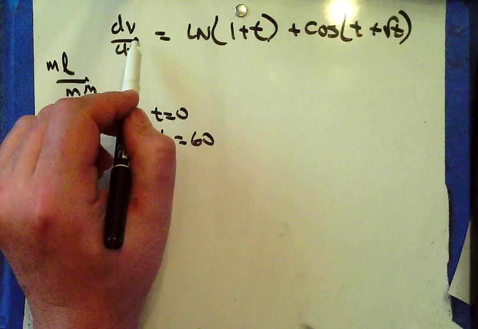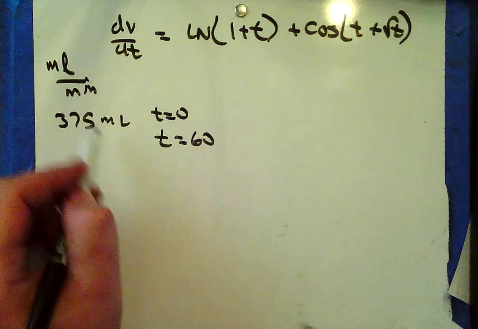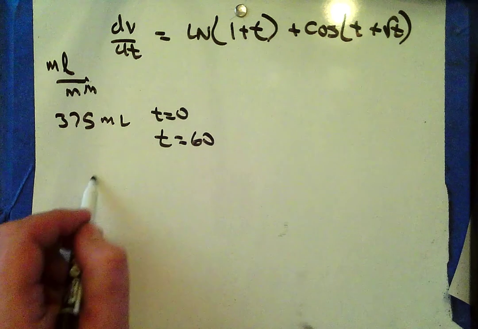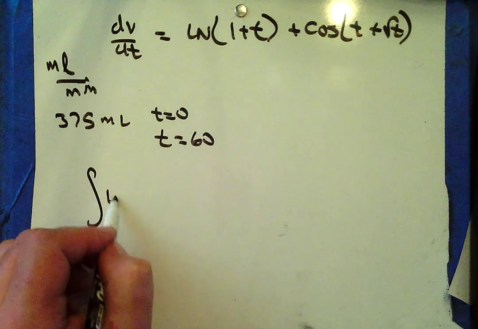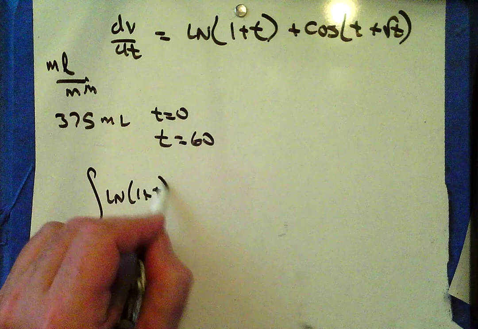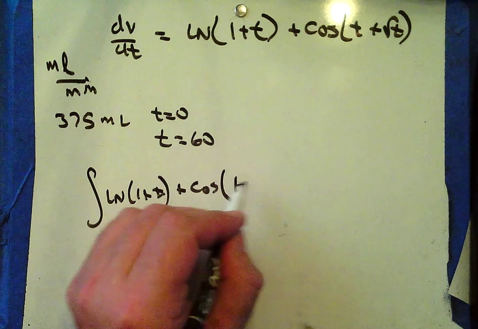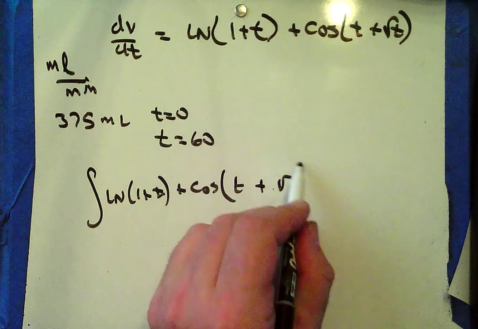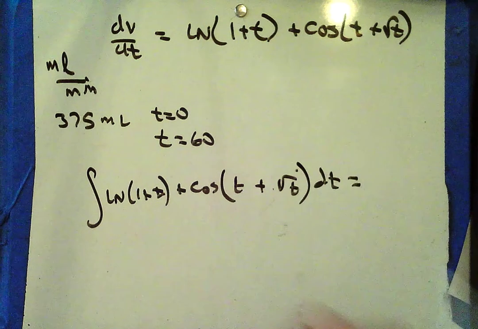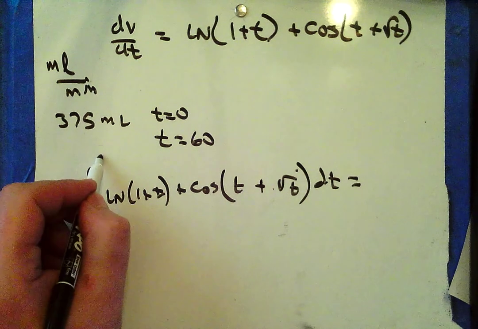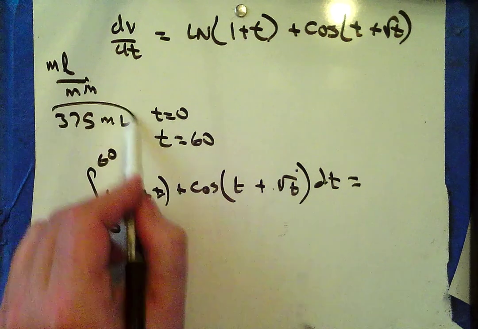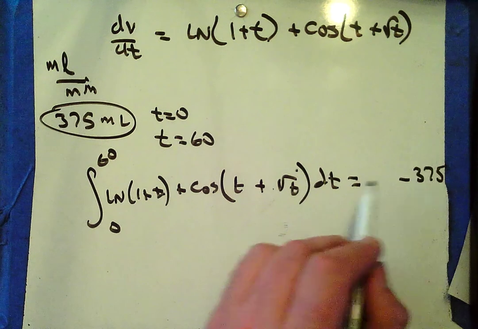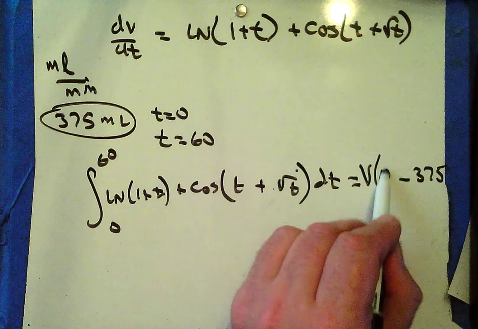Well, this is my rate function, and I integrate that rate to get the amount of fluid that's in the bottle. So I'm going to say that the integral of ln 1 plus t plus cosine t plus root t dt, from 0 to 60, equals the amount that I had at the beginning, 375, minus the volume at 60.